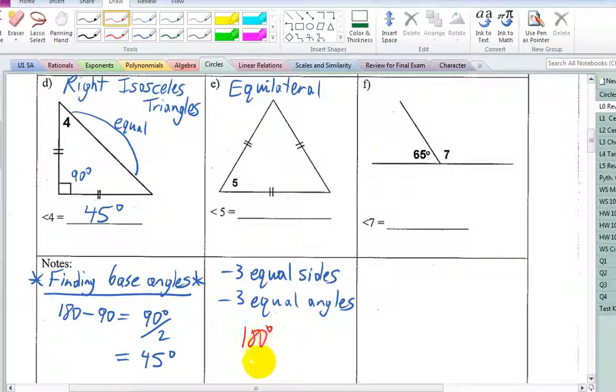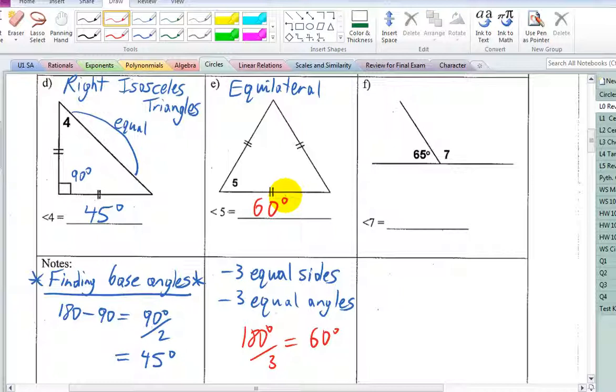And how do we divide it into 3 equal parts? Divide by 3. So angle 5 must be 60 degrees. So I don't even give you a number, but I actually do, just by using the symbols. Watch out for that, because when you're stuck, look for the symbols for hints and clues about what different values of the numbers are.